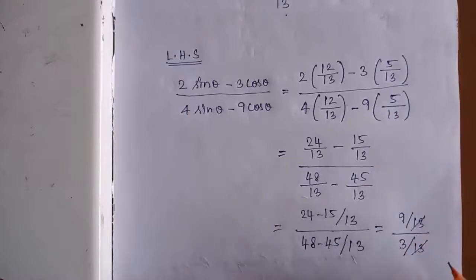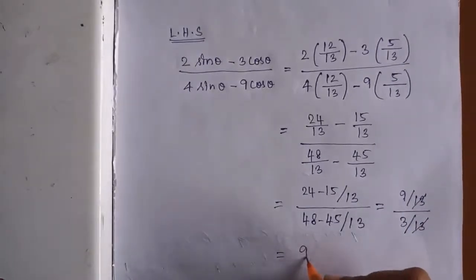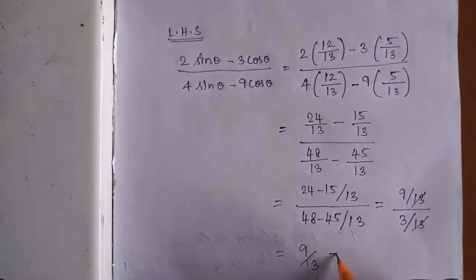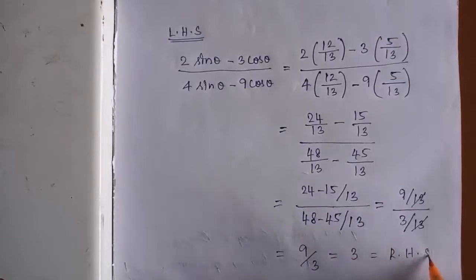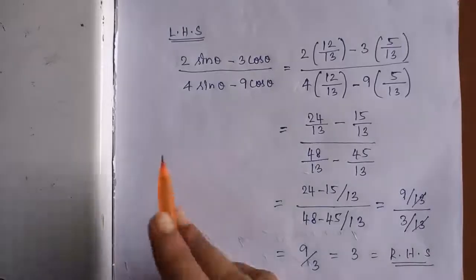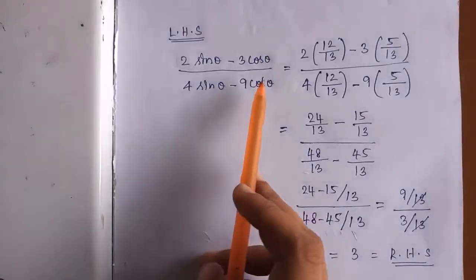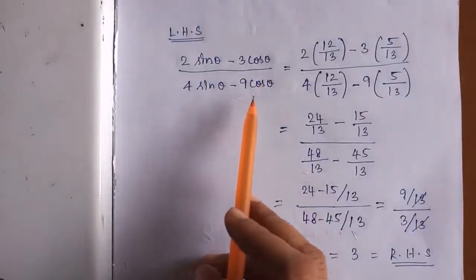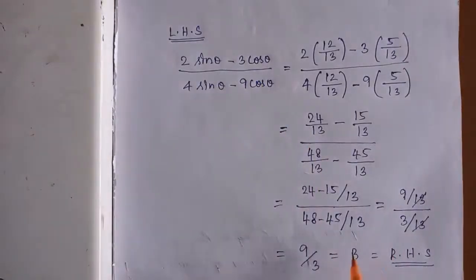So 13 gets cancelled, which is equal to 9 by 3 is nothing but 3, which is equal to right hand side. So hence we proved that 2 sin theta minus 3 cos theta divided by 4 sin theta minus 9 cos theta is equal to 3.